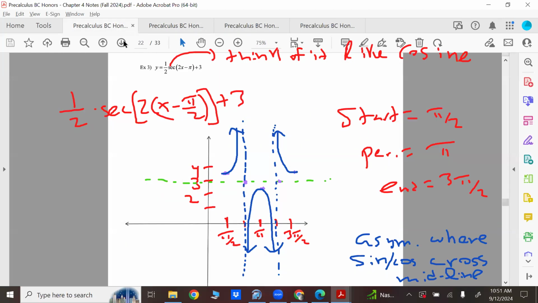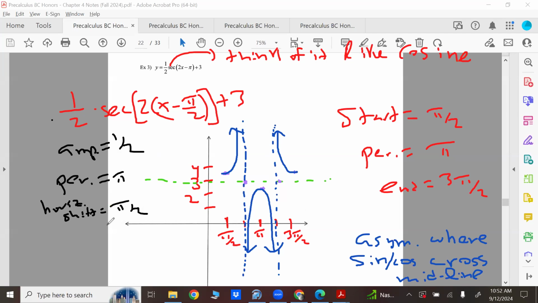All right, let's talk about domain and range really fast, because I know you guys can state, like, amplitude's still 1/2, right? Let's switch colors, let's go black. So amplitude, still 1/2. Period, still pi. Horizontal shift is still pi over 2.